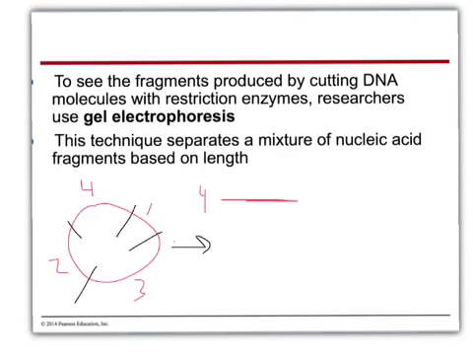So 4, maybe 3 is a little bit smaller, 2 is a little bit smaller than that, and 1 is the smallest. That's the size of the parts that are going to result from that restriction enzyme digest, as it's called. But how do you know that your restriction enzyme worked? You don't until you check it on the gel.